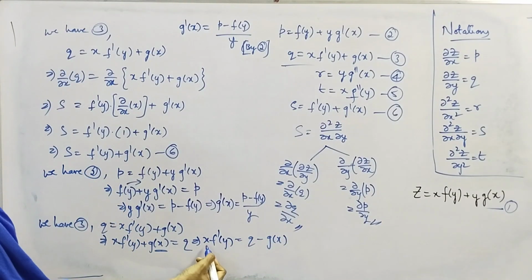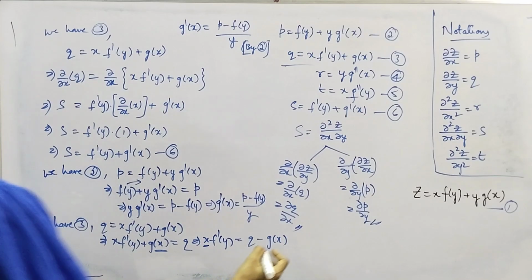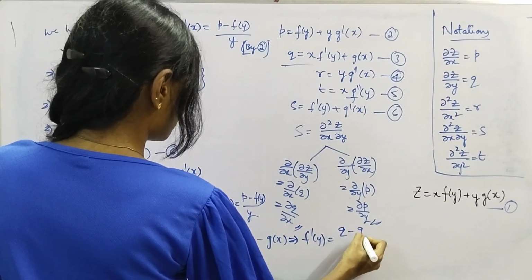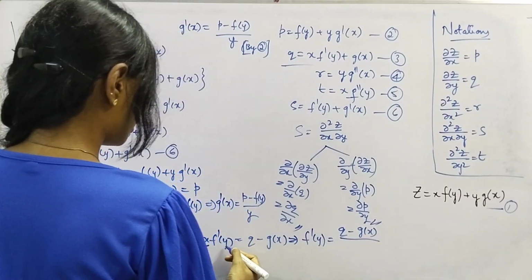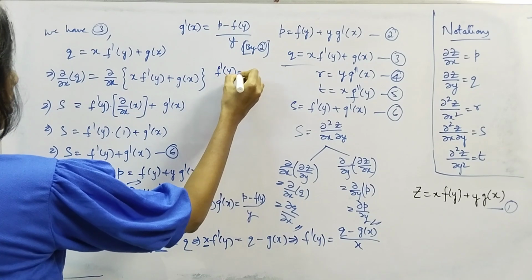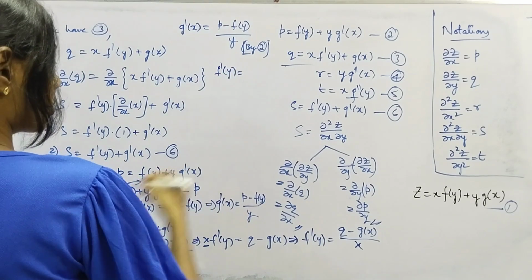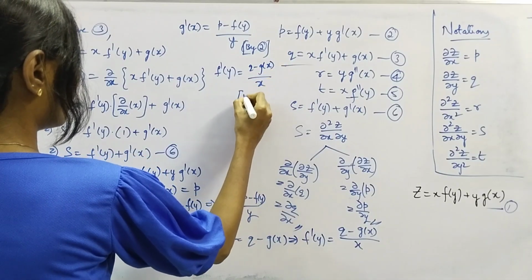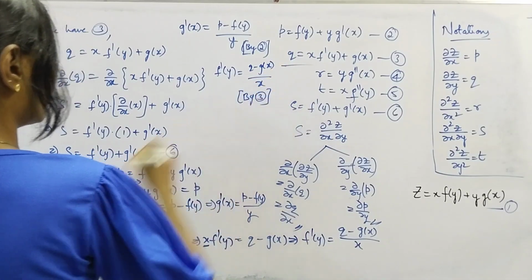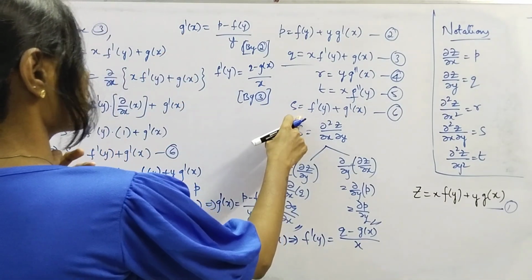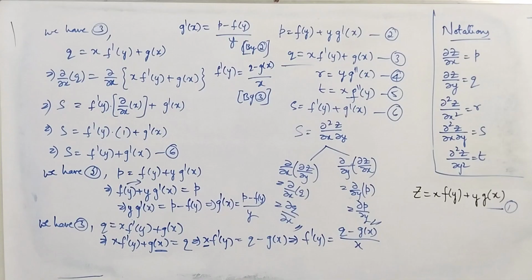Now divide both sides of the equation by this x, or just take this to the RHS, you will get f'(y) equal to (q minus g(x)) by x, right? So you got the value of f'(y) using equation 3, which is (q minus g(x)) by x. Now we got the values of g'(x) and f'(y). Let's put them in equation 6 and see whether we are going to get the partial differential equation or not.